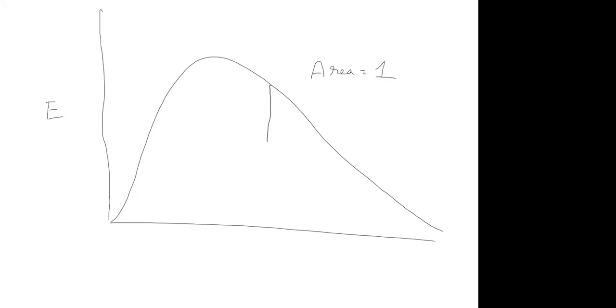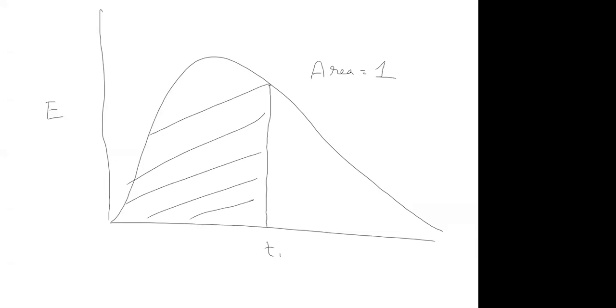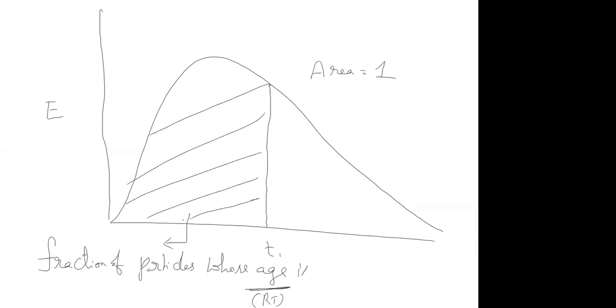Suppose I plot, let's say, this is my T1. What does this portion indicate? It is the fraction of particles whose age, which is nothing but residence time, is less than T1.